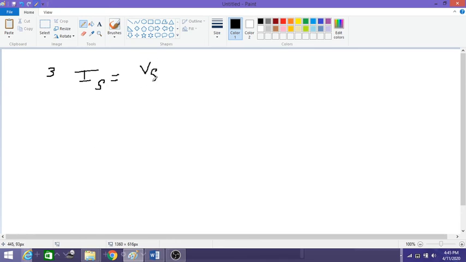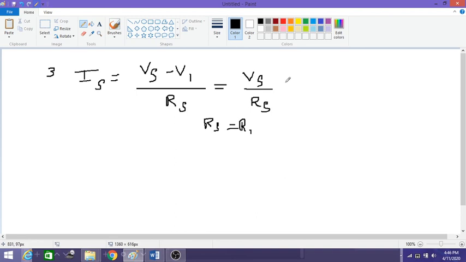That is defined as Vs minus V1 by Rs. Rs is nothing but R1 in this case. V1, we know, is virtually grounded, so ultimately we have just Vs by Rs. Again and again I'm telling you, Rs is equal to R1. Substitute the values: 1 by 10 kilo ohms, then we will get a current of 0.1 milliamperes.